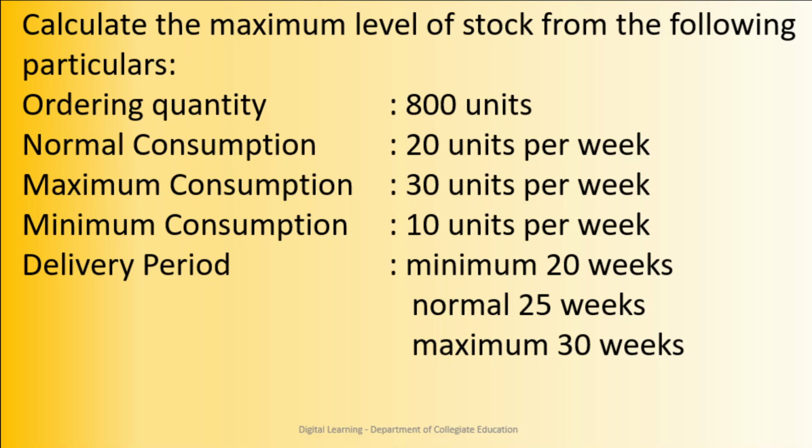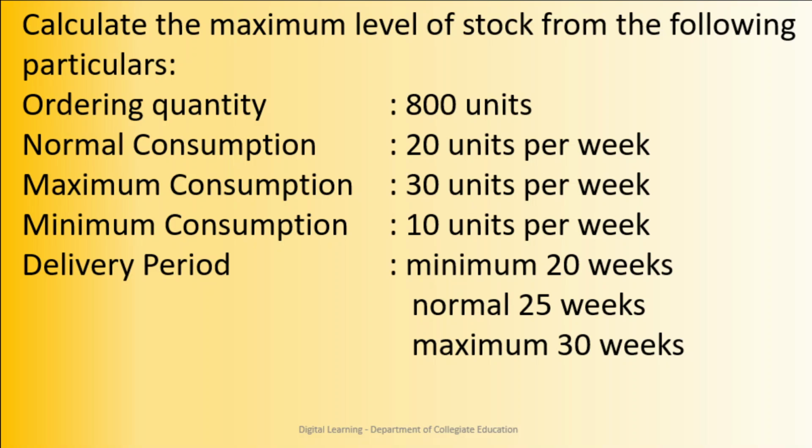In order to compute maximum stock level, we require reorder level, reorder quantity, minimum consumption, and minimum delivery time. Reorder quantity is given as 800 units. Minimum consumption is given as 10 units. Minimum delivery time is given as 20 weeks.